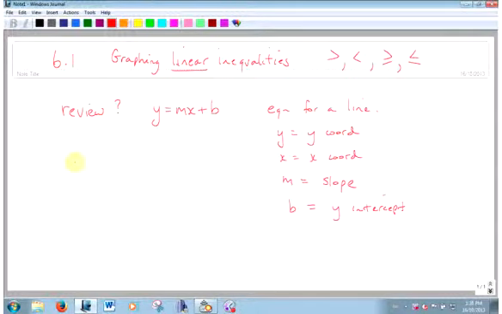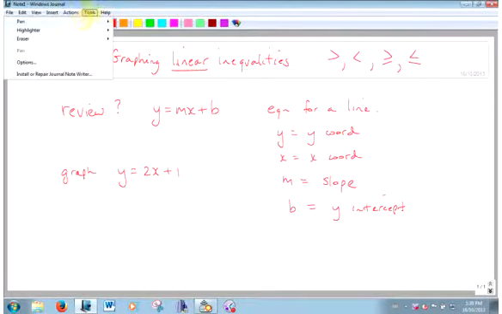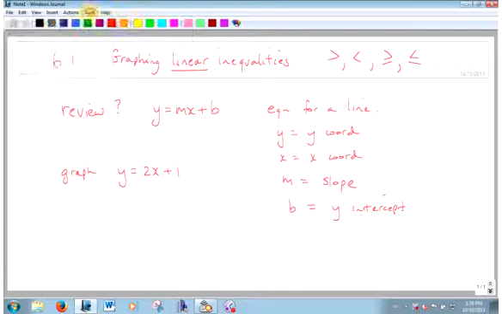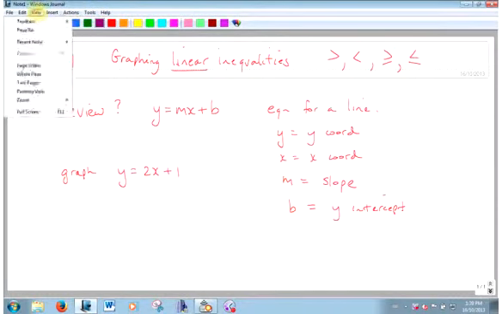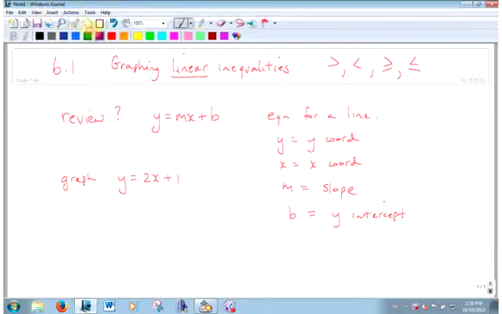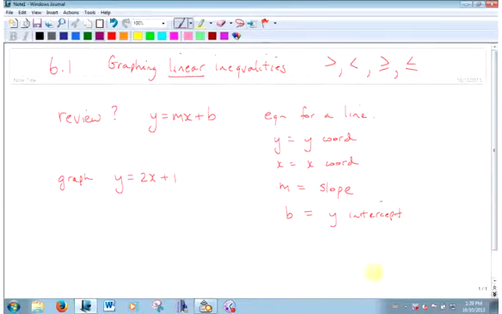So, for example, graph that thing. Okay, so we want to graph it.